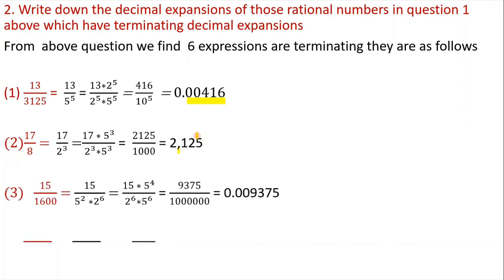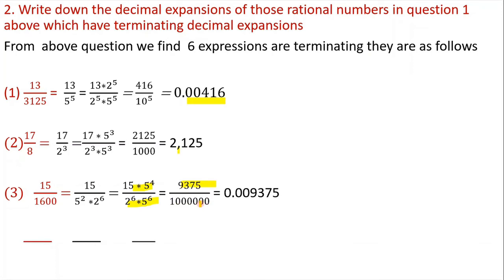Third problem, 15 divided by 1600. So prime factors for 1600 are 5 square into 2 power 6. So in order to balance this equation, I want to multiply with 5 power 4 on both sides. This implies 15 into 5 power 4 by 2 power 6 into 5 power 6, which is equal to 9375 divided by 10 power 6.